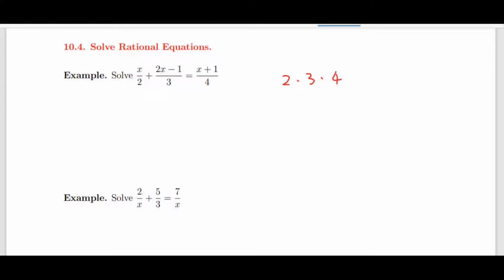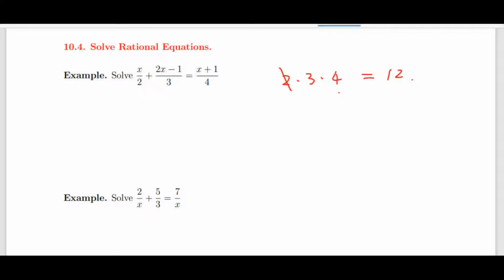So we multiply those denominators together, then we can get rid of all those denominators. But if we multiply by 4, then we don't need to multiply by 2 because 4 already includes 2. So we just multiply by 12, to get rid of those denominators.